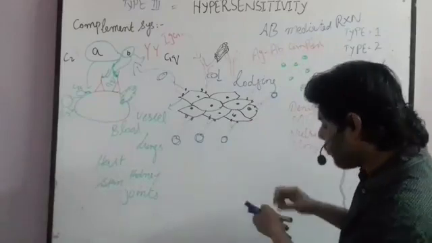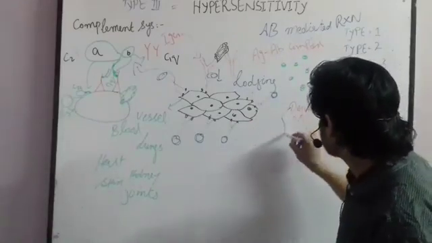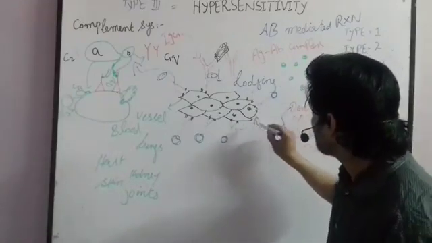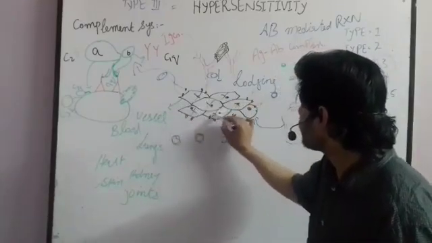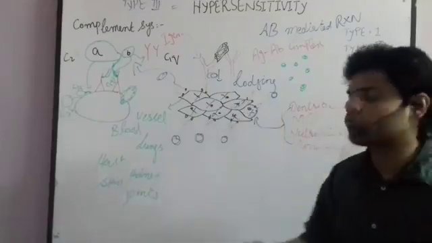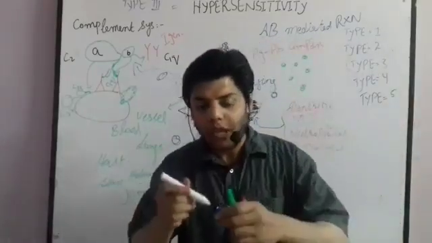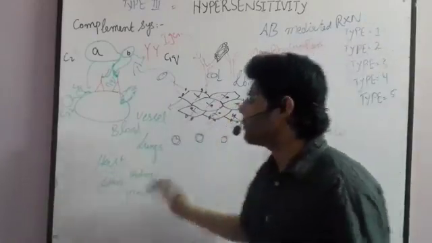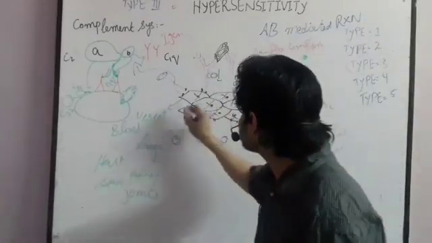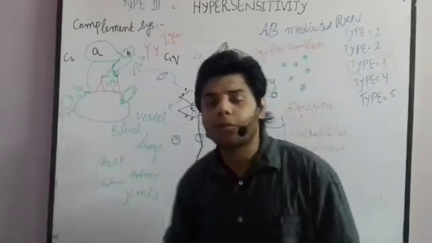And what actually do they do? Once these cells are activated, each cell will cause damage to each tissue. So each tissue will be damaged. Let's suppose these epithelial tissues are the blood vessels.